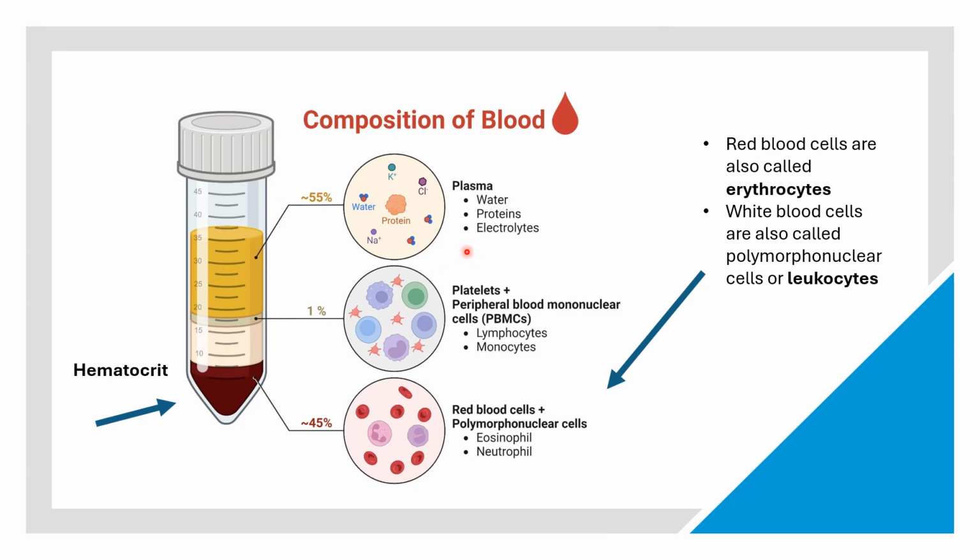55%, or the highest amount of your blood draw, is plasma. And plasma is the liquid portion. It turns out as a buff yellow coat, or a yellow color. It contains water, proteins, and electrolytes.